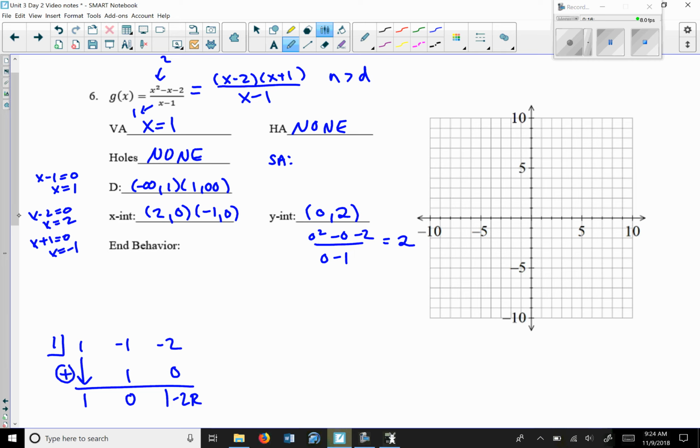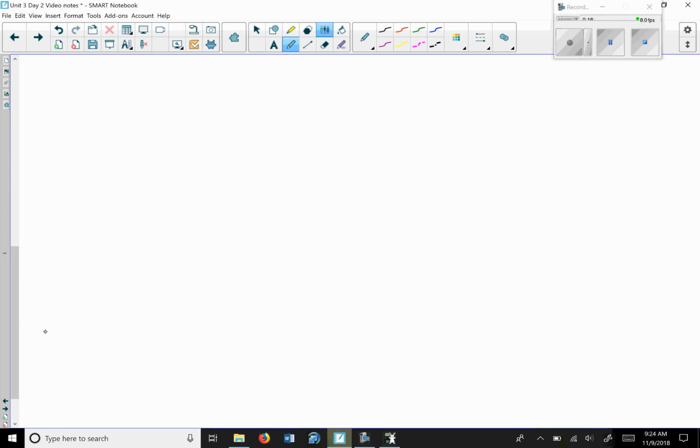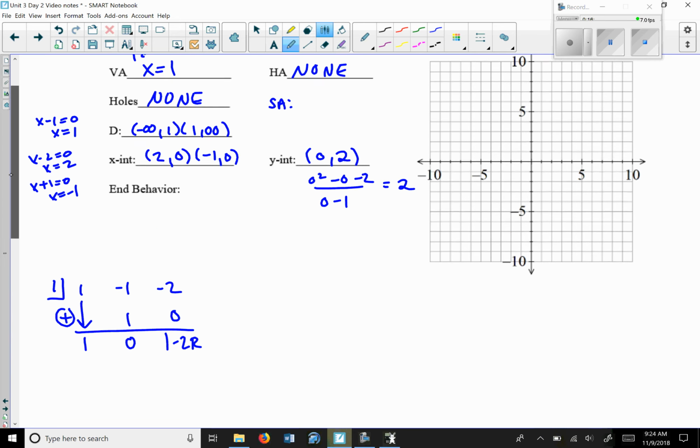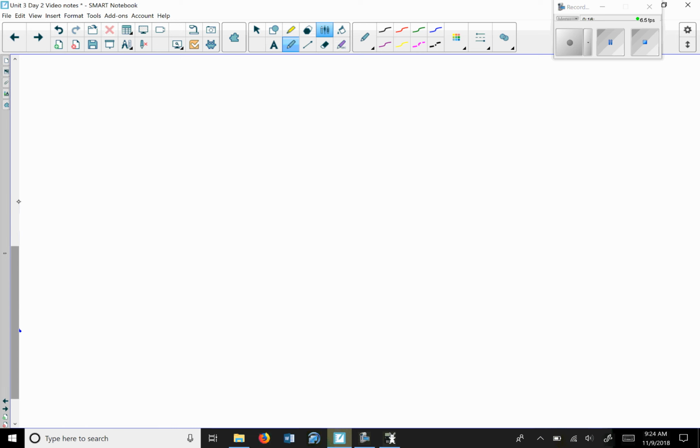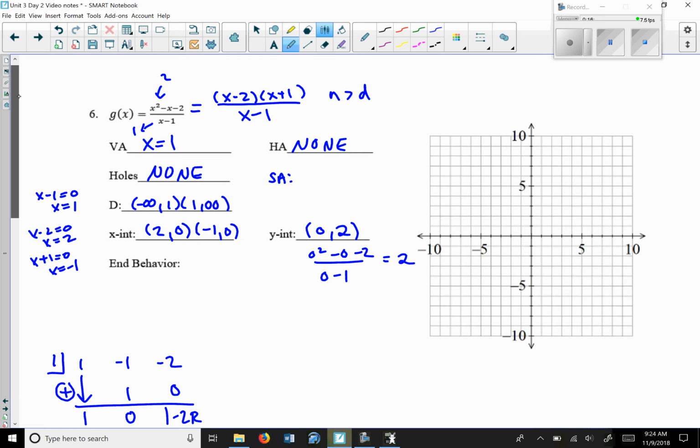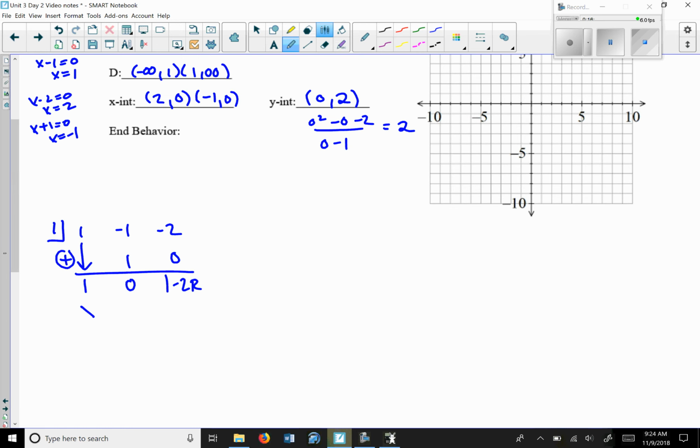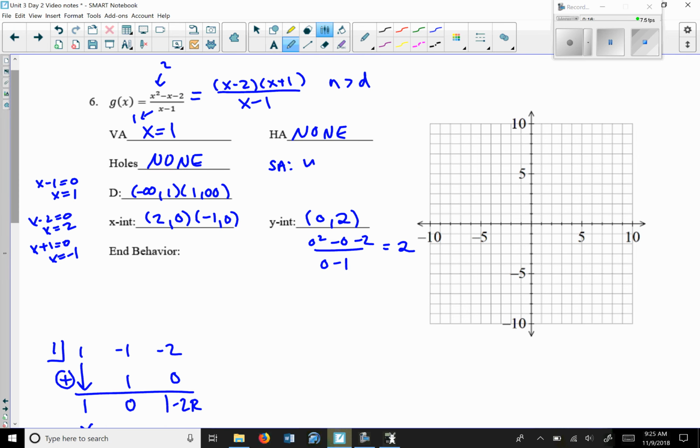Because the degree of the numerator is 2, the quotient starts off with a degree of 1. So that would be x plus 0. We don't need to write the 0, so just x. That means my slant asymptote is y equals x. For my end behavior, this is an odd polynomial with a positive leading coefficient, so I know that my end behavior is going to go up to the right and down to the left.